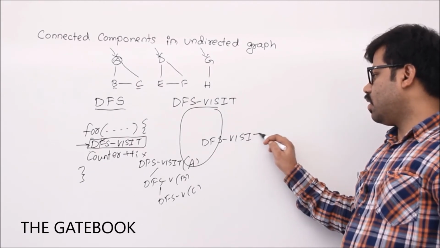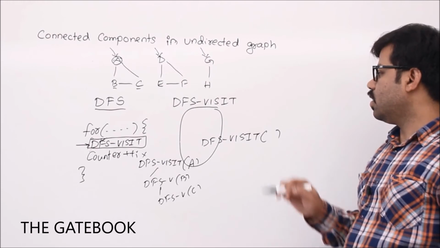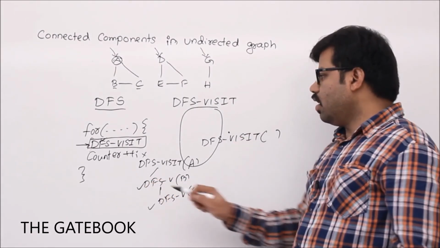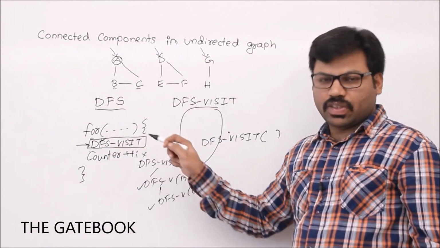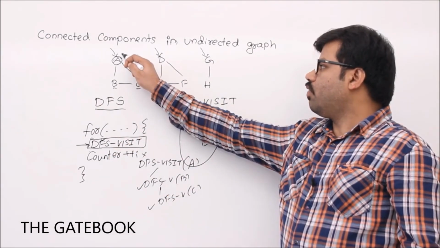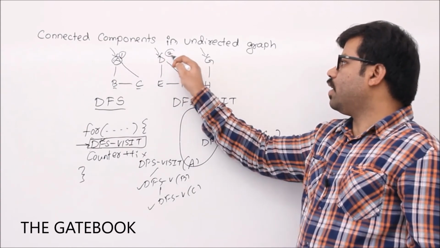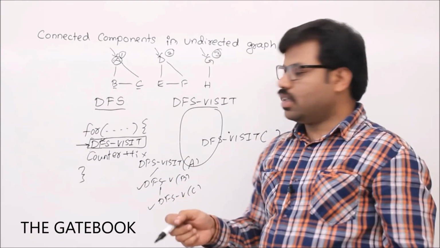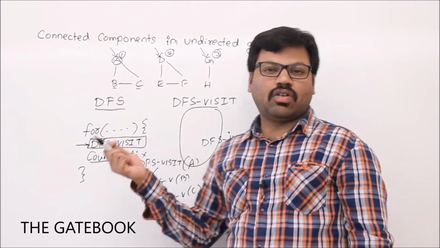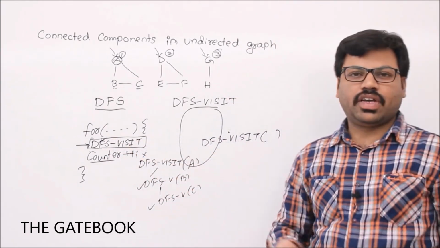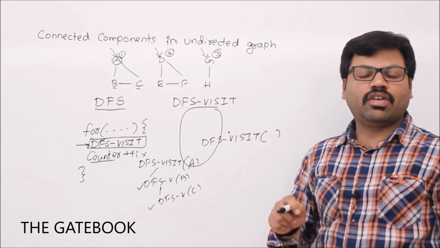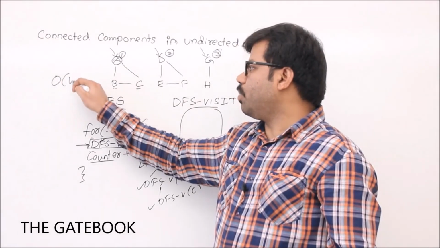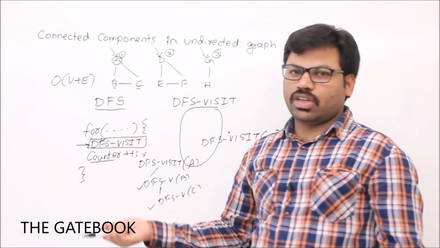Because of this main program's DFS visit, one call will happen here, another call will happen here, another call will happen here. For every different component, one call will happen. That's why if I maintain a counter here, that will count the number of connected components. That's why finding connected components in an undirected graph is very easy, like finding cycles in the graph. So that is order of V plus E, correct? Because after all you are doing DFS.